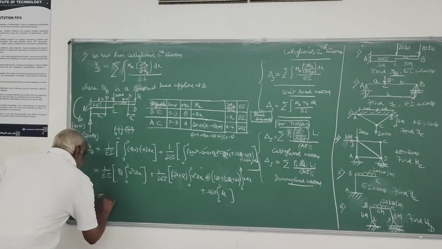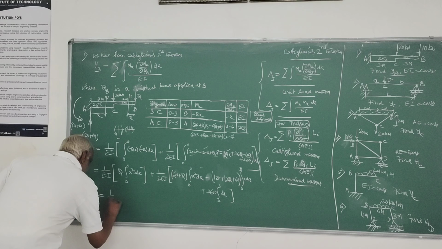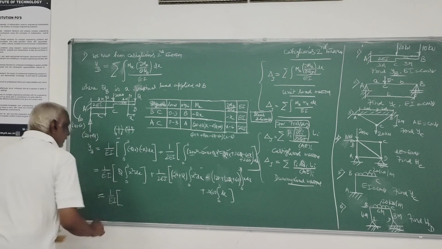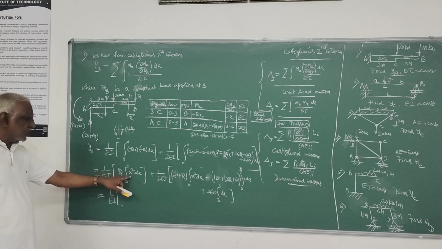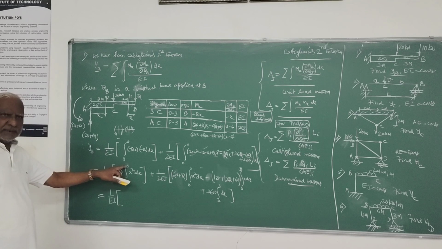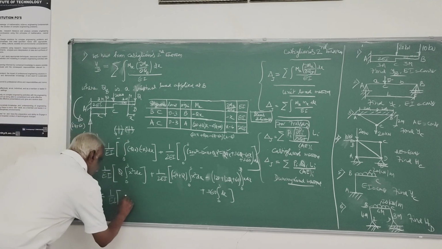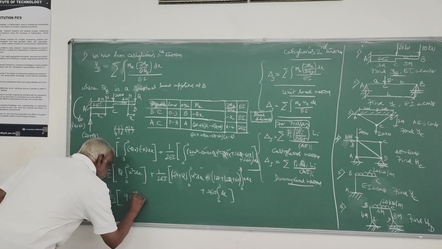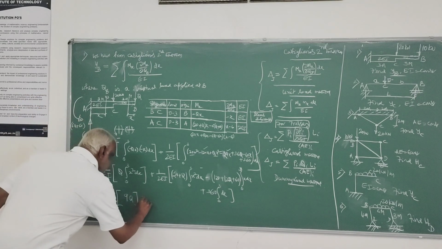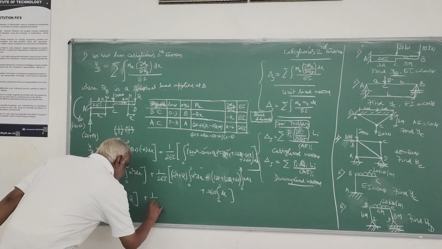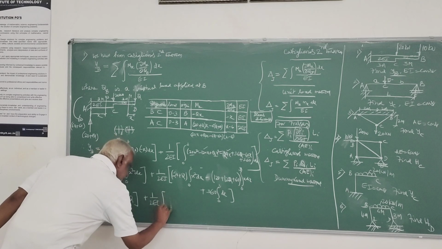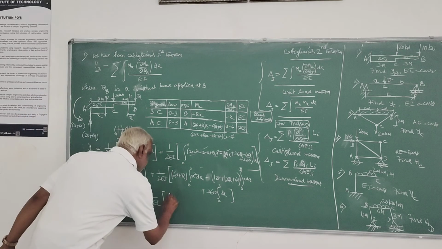Now you integrate it. So this is 1 over EI. Integral x square dx is x cubed by 3. If I put the limit, it is 3 cubed by 3, that is 9, 9q. Then plus 1 over 2EI into this.